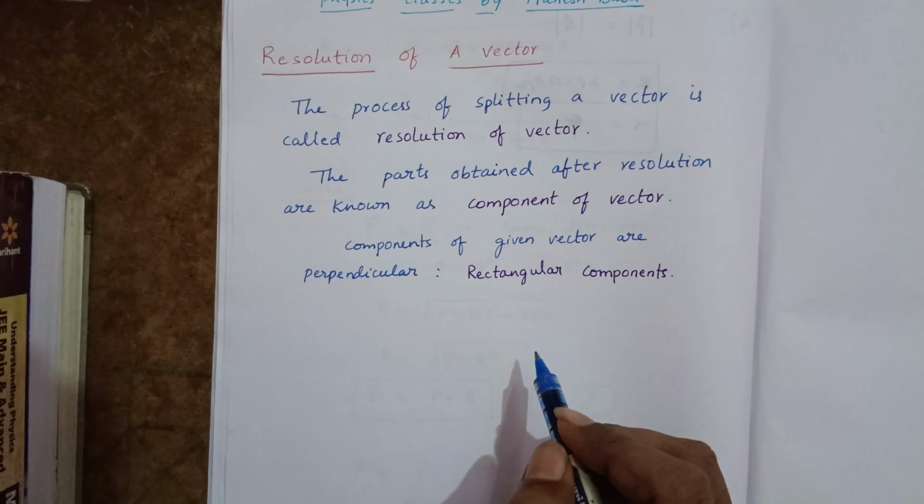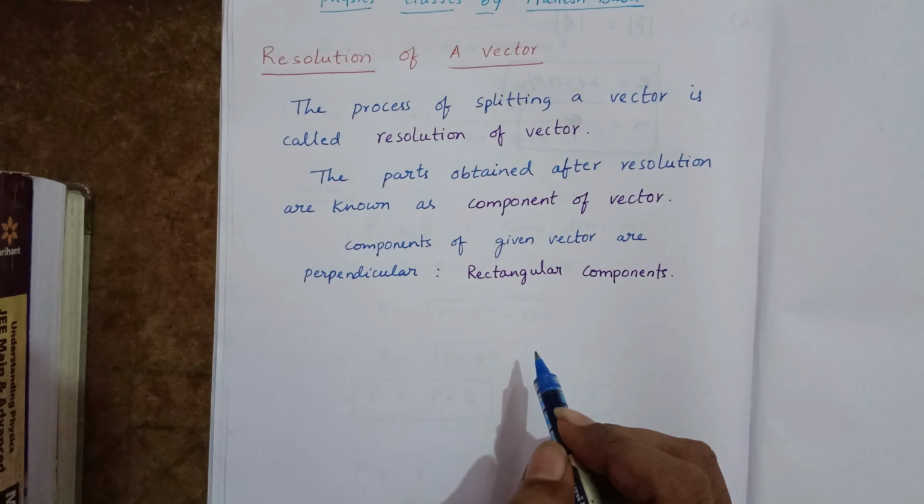Now here we will form a triangle like this. Now it becomes a right angle triangle. Name it O, P. Here we can take Q. O P Q. Now if you take the triangle O P Q, Q is 90 degrees. Cos theta equal to adjacent side OQ by hypotenuse OP.